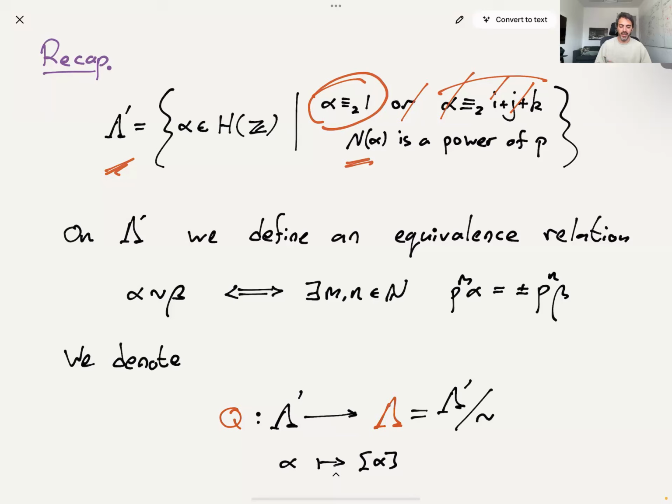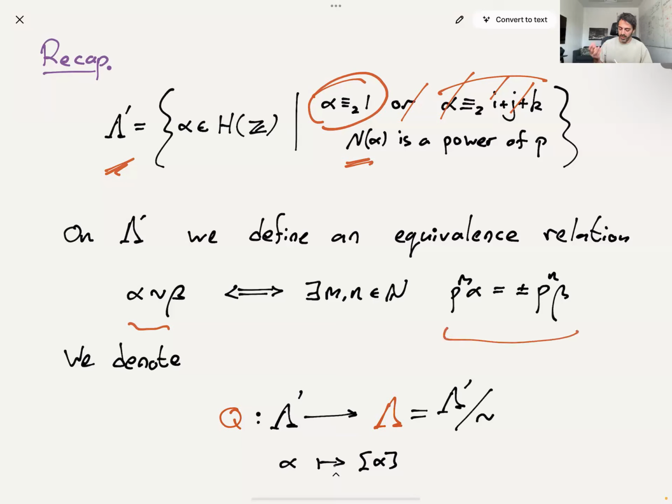Right? We had this set, and on that set, we defined a weird equivalence relation. It was weird, but it wasn't weird if you remember the unique factorization that we had for quaternions. Anyhow, alpha is equivalent to beta if alpha and beta are plus or minus 1 of each other, and maybe there are some powers of P that require them to be equal.